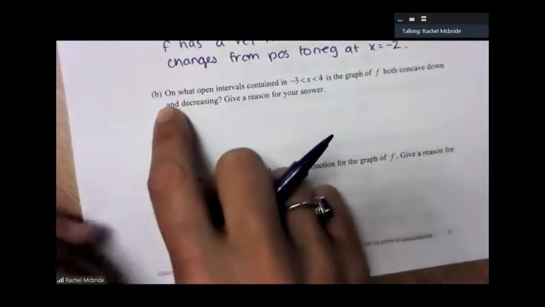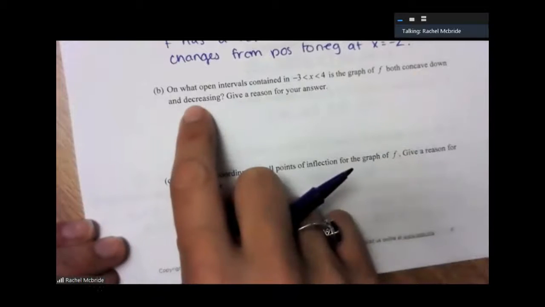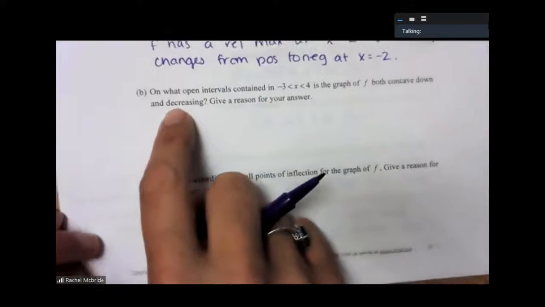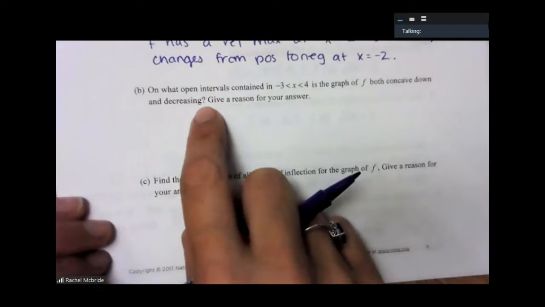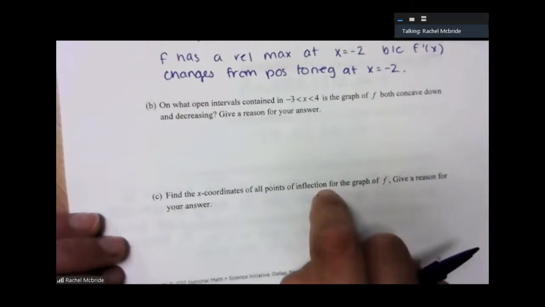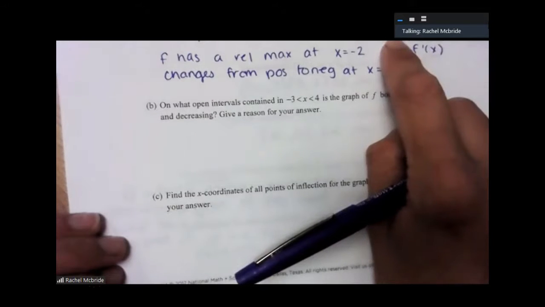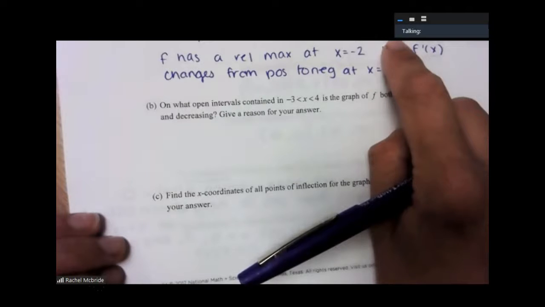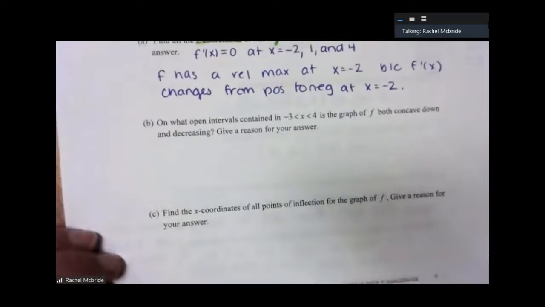Letter B. On what interval is the graph of f both concave down and decreasing? So we're looking for concave down and decreasing. Concave down is going to occur when the derivative is decreasing. And then f is decreasing when the derivative is negative.